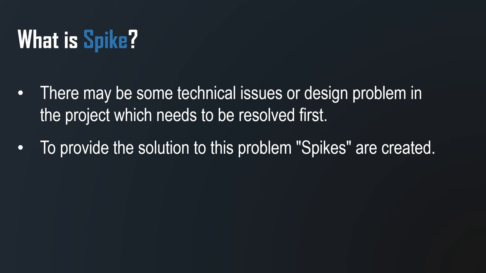We don't know the way forward, right? We need to spend some time, we need to analyze and come out with an analysis document or better understanding or a blueprint, and that POC or the solution to this problem is called a spike.